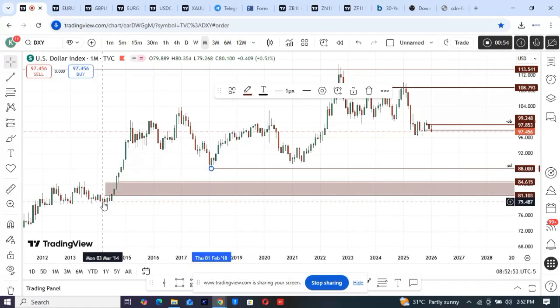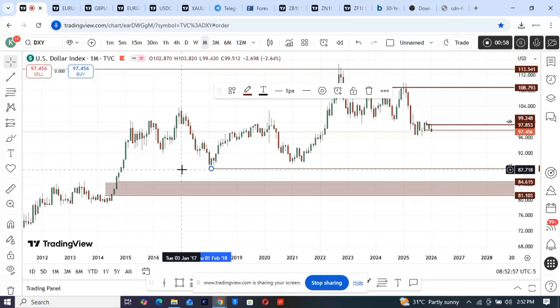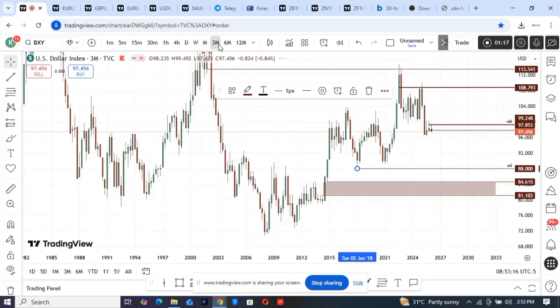So huge institutions such as the hedge funds place their stops just right below here, looking at this as a continuation of the trend. So there will be a whole lot of orders down here. So I actually see price getting overzealous, and this is a fair value gap, I think, in the 3rd month here.